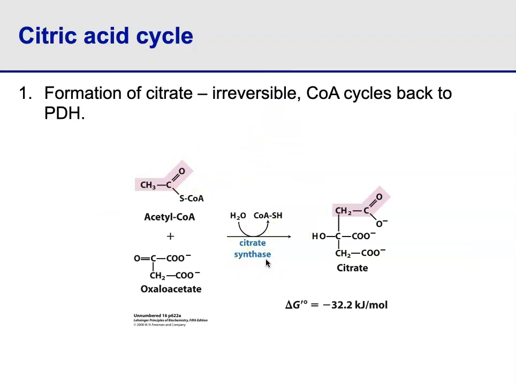It's pretty logical, citrate synthase. Basically what it does is, with the help of water, it releases the CoA, which cycles back to pyruvate dehydrogenase, and we have citrate. And you can see 1 carboxyl group, 2 carboxyl groups, 3 carboxyl groups, a tricarboxylic acid.